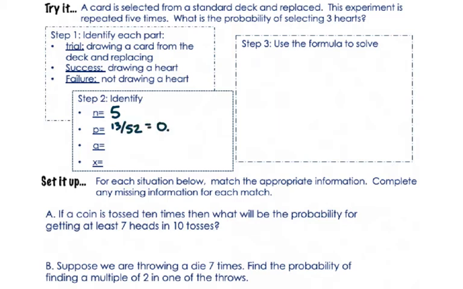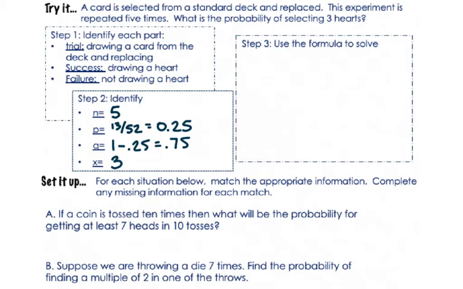So that's actually 0.25. Q is your probability of failure, which is always 1 minus whatever P was. So it's going to be 0.75. And then X is your number of successful times. So if you want to draw out a heart and you're going to do it 3 times, X is 3.